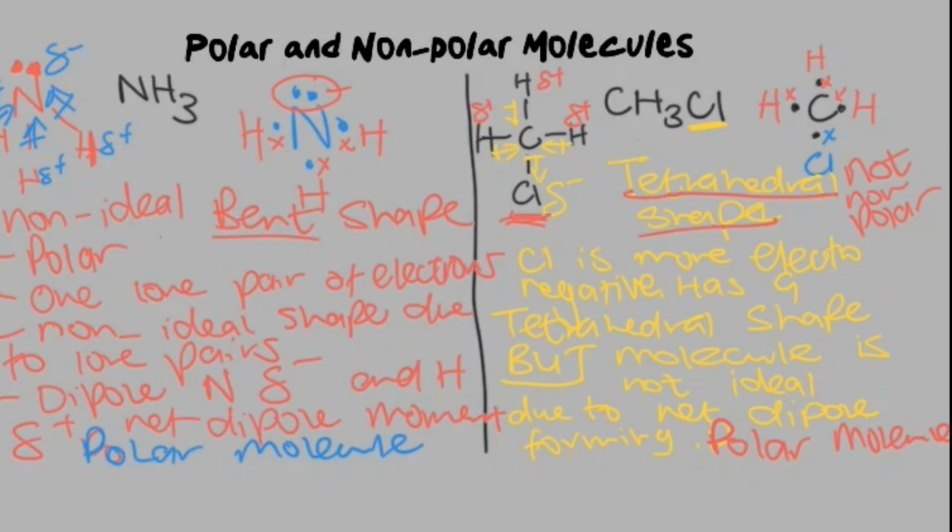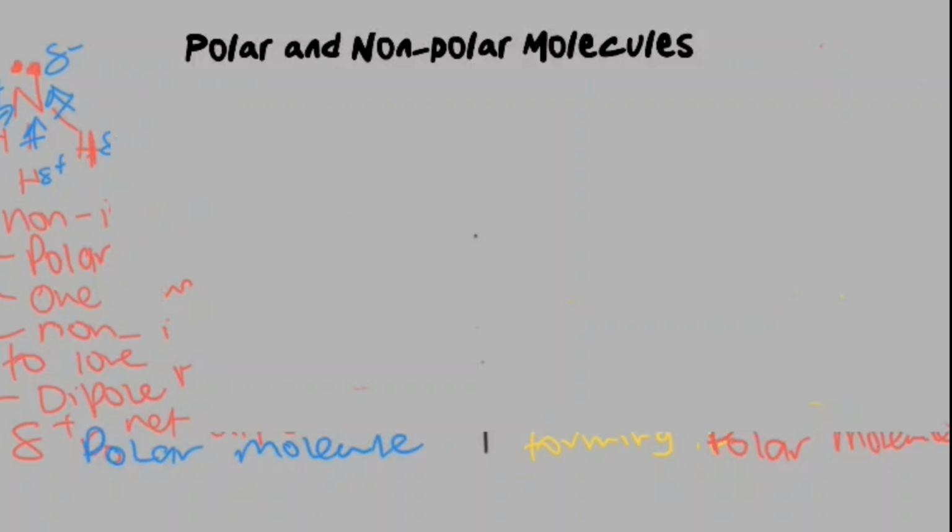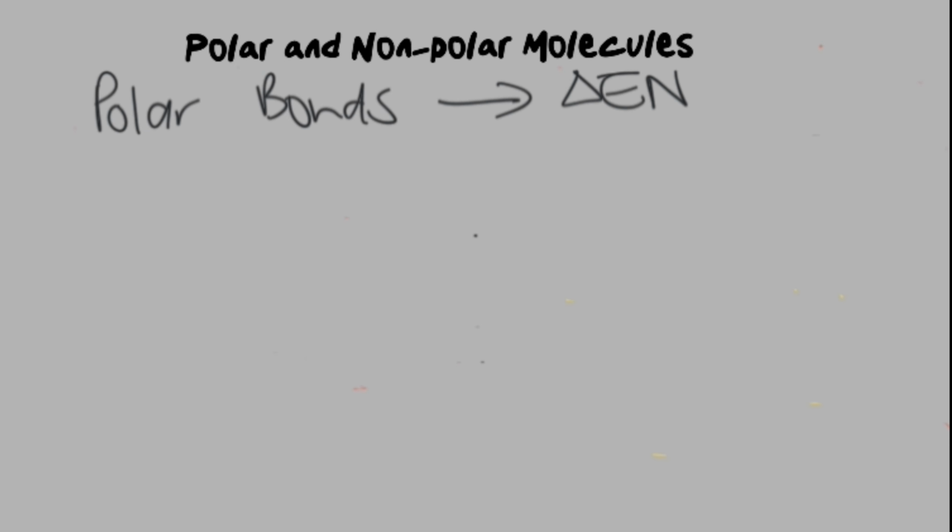So I do hope you understand that. Okay, so now I'm going to summarize everything that I've said so far. Okay, so first up, something can have polar bonds. And how will you find the bonds? You will find the change in electronegativity.